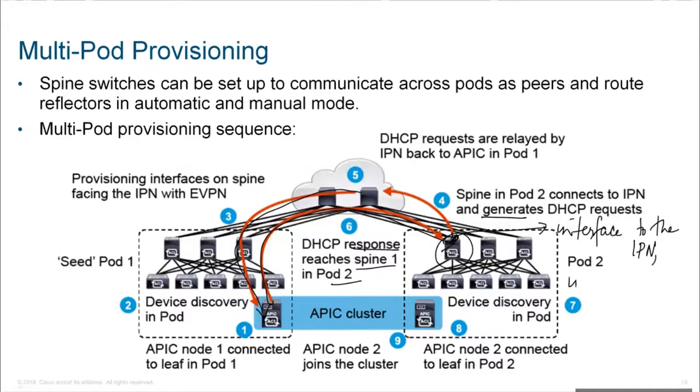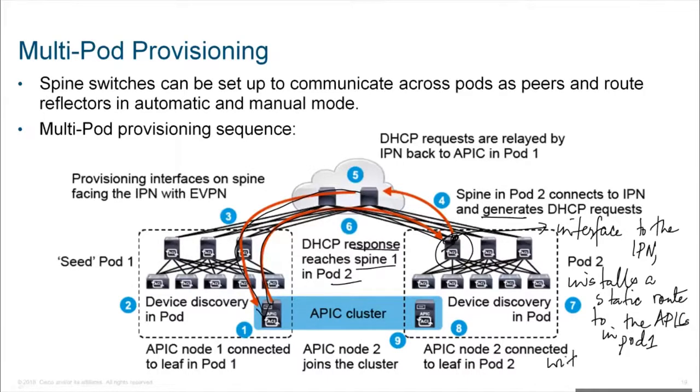It installs a static route to the APICs in pod 1. Notice what I said, static route to the APICs in pod 1 with the IPN as the default gateway.